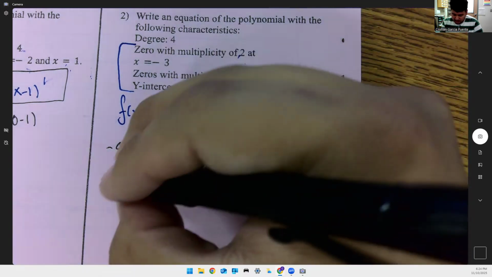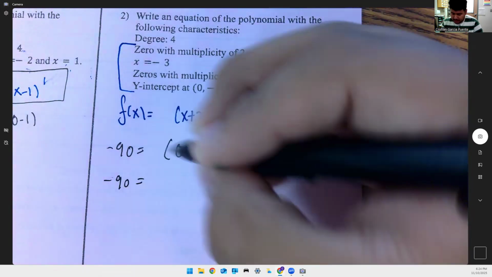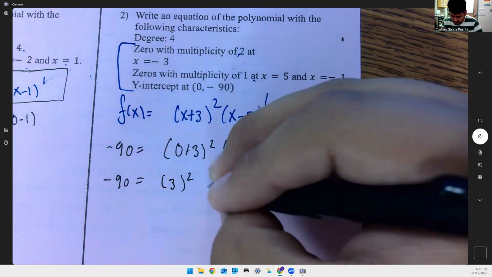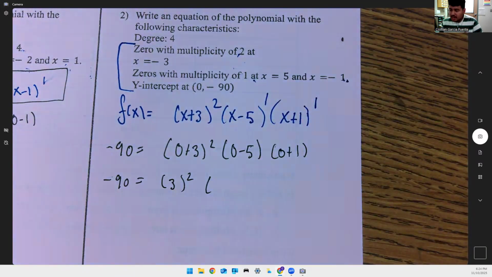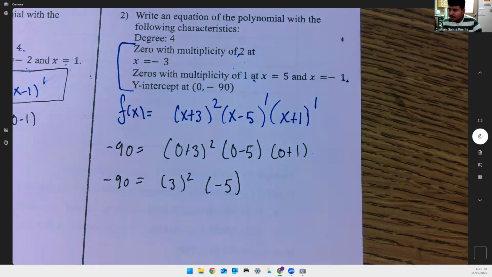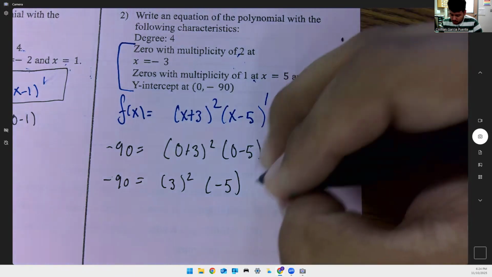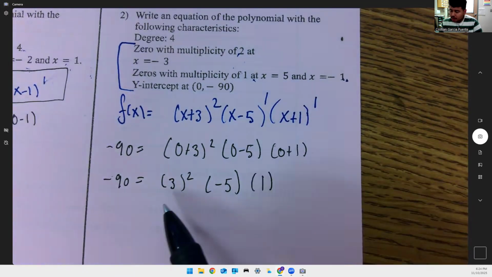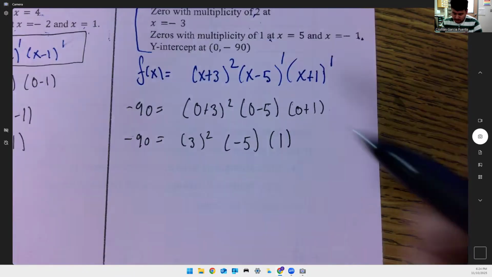Now, you have negative 90. Now, what's 0 plus 3? 3. Now, what's 0 minus 5? Negative 5. And then lastly, what's 0 plus 1? It's 1. And now what you're going to do is first find out what this 3 squared is.